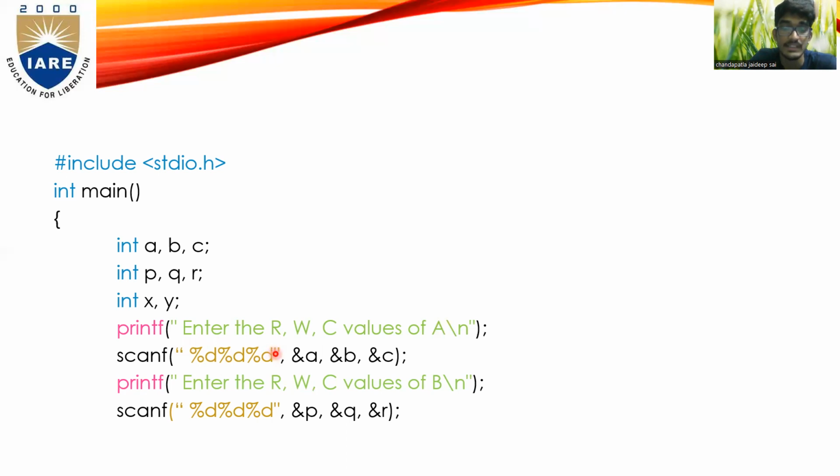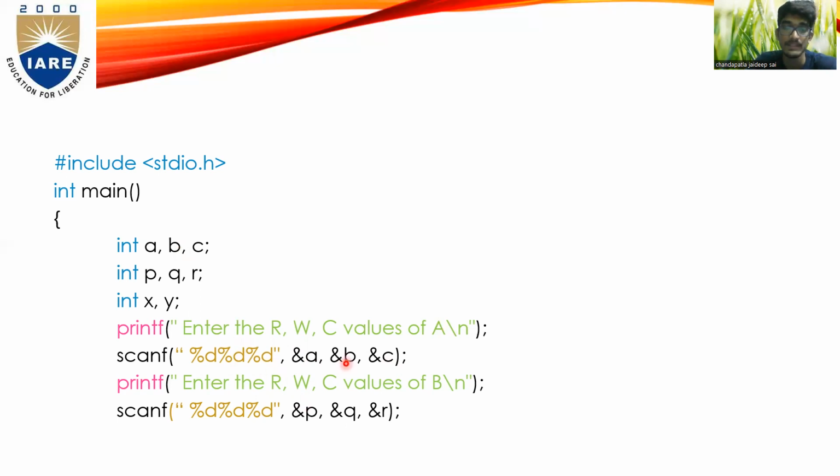Wherever we use the percentage d, in that place we store the values at the right side. So the first percentage d means we are assigning the value of a. In this percentage d, the address location of a will be selected and the value will be stored there. And one more percentage d, here we are using it for the value of b.